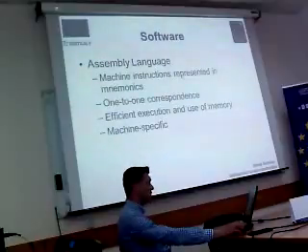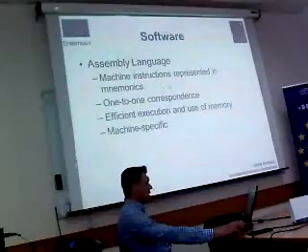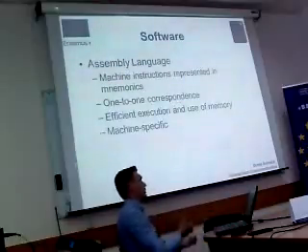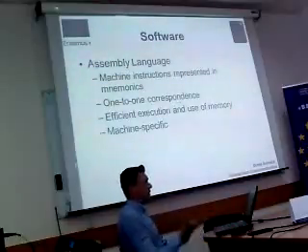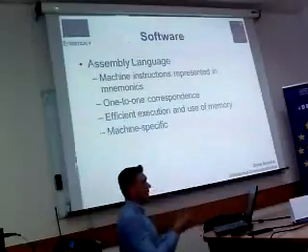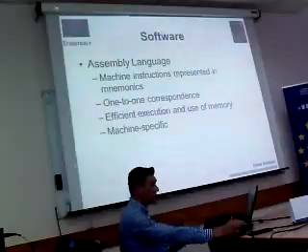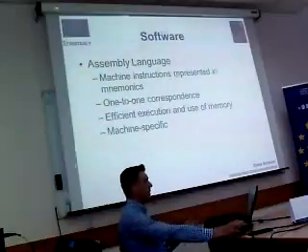The machine instruction is represented in mnemonics, and it's only the representation of that, and it's a one-to-one correspondence. So one mnemonic has only one code, or on the other hand, each mnemonic can be translated only to one code. It's completely the same. Yeah?